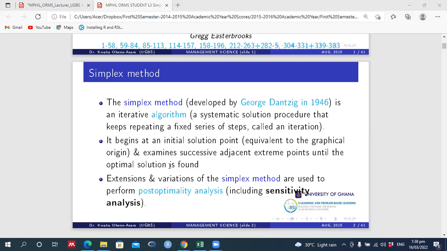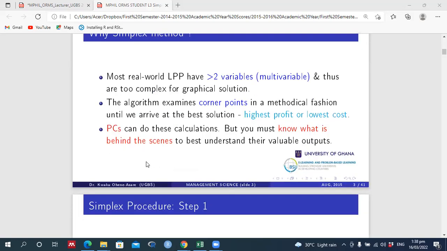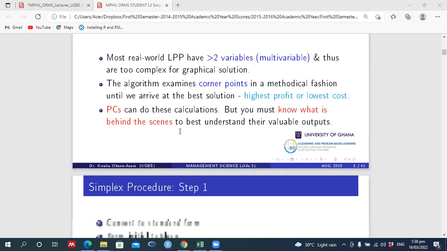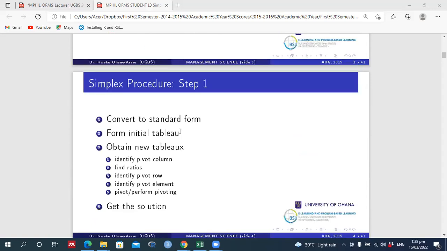So it is a step-by-step approach, like I said, that is used to solve real-life problems involving more than two decision variables. Let's look at the steps. Now we know how an LP problem looks. We all remember at least our Fan-Milghana Limited problem, okay?